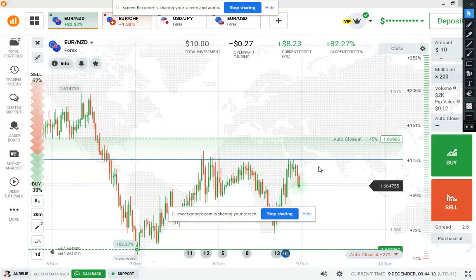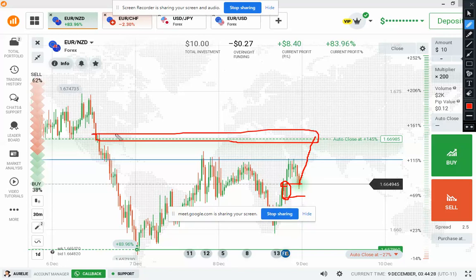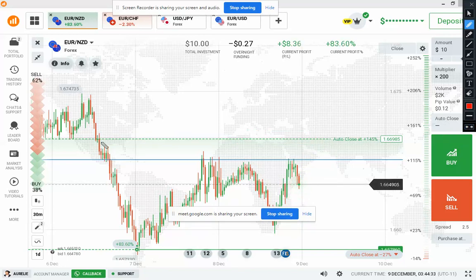So if the market reverses from this demand to the upside, okay, once the price hits the supply zone, which is right here, then we're going to send the trade. So let's take note of this level here.